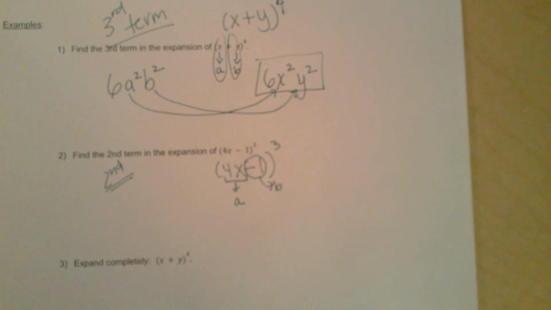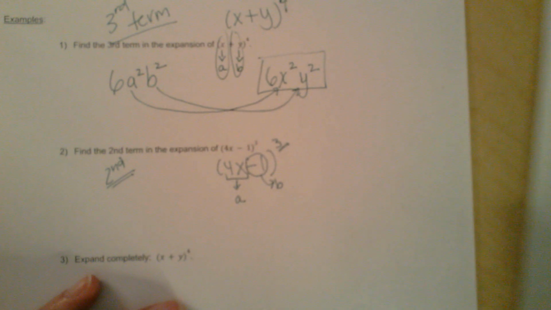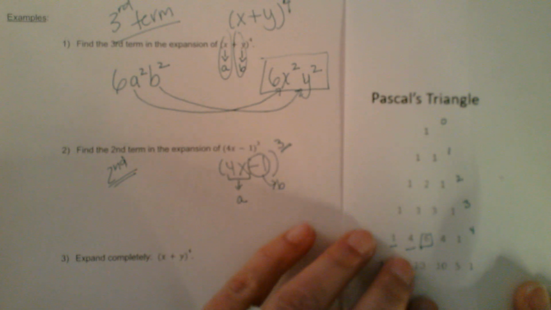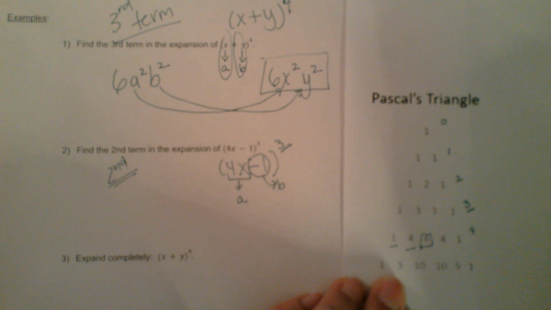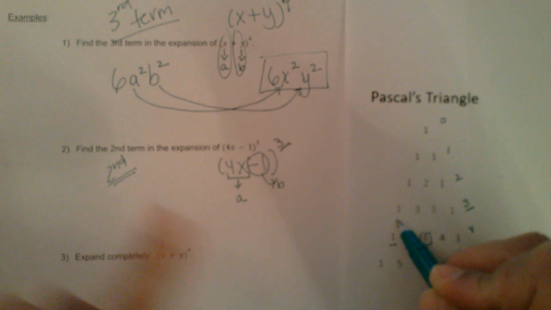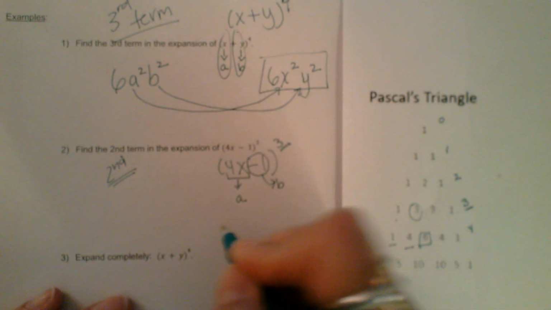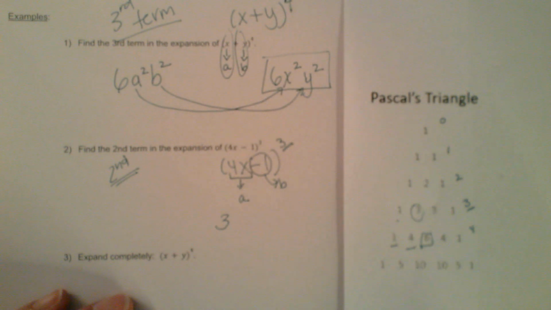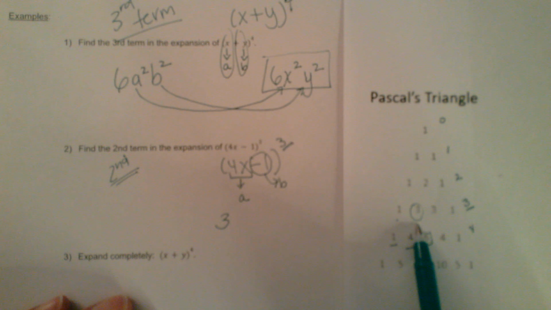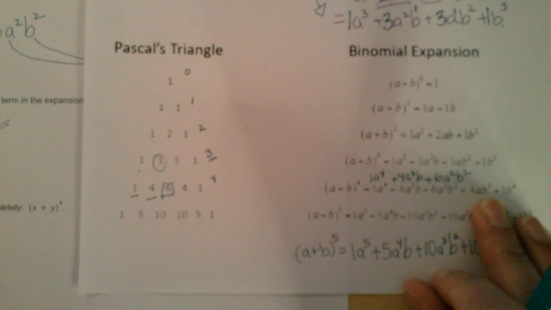All right, so it's cubed. So we're going to look at the Pascal's triangle. It's cubed, so we're looking here, and they want the second term. Here's the first term, here's the second term. I know the coefficient's going to be 3. Now, for the second term, let's look over here in the expansion.